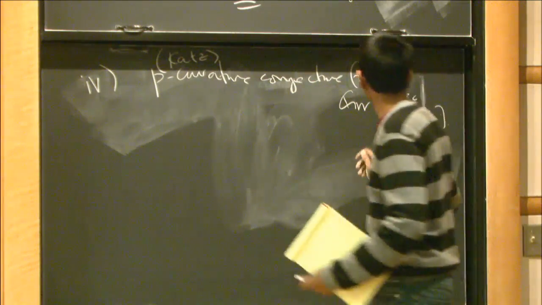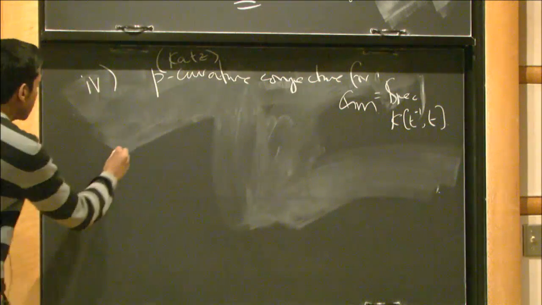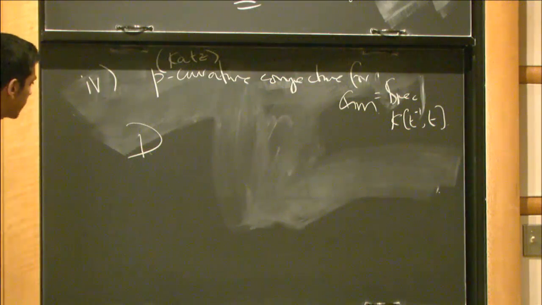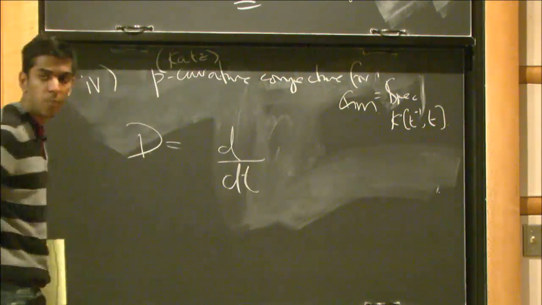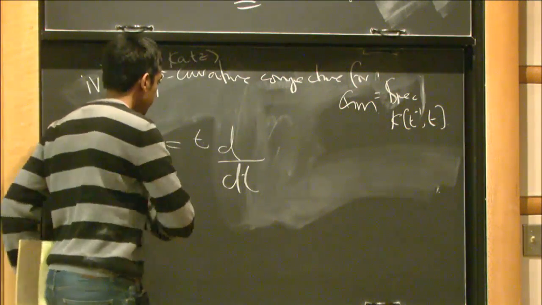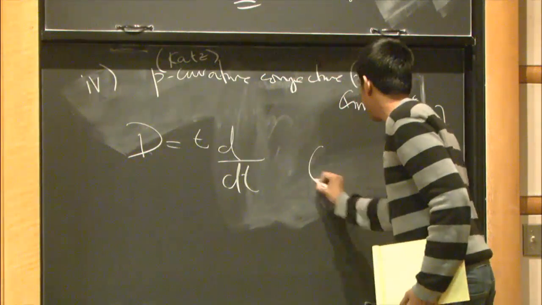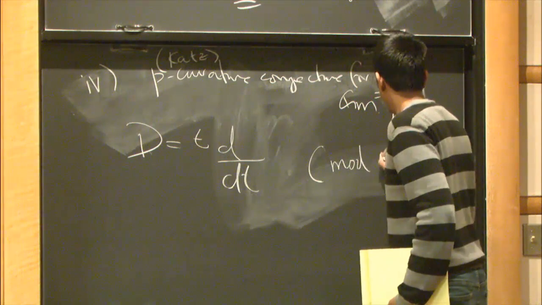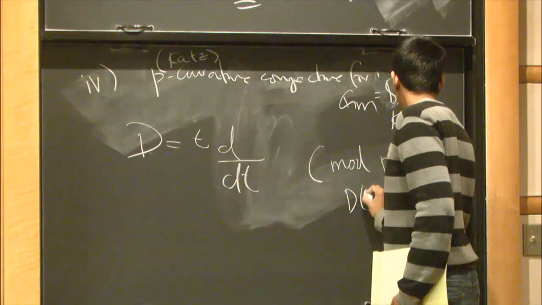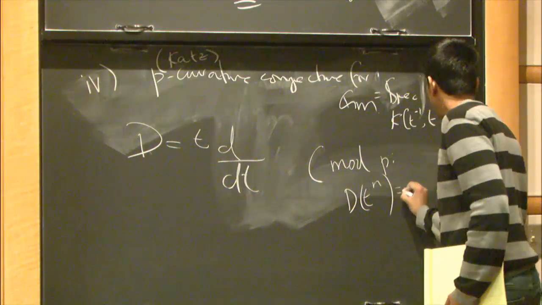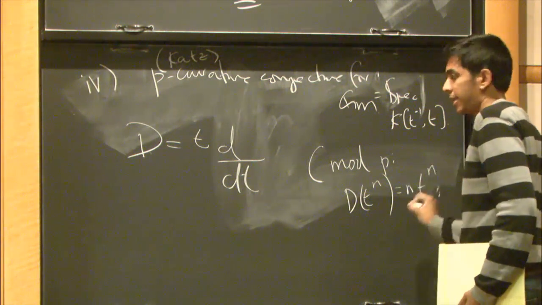GM is Spec k[t, t inverse]. We'll always work with a particular derivation, which is not d by dt, but t times d by dt. The reason is that, mod p, D of t to the n equals n times t to the n.